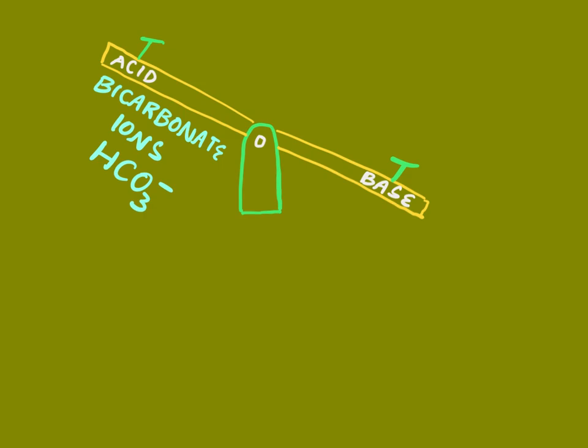The opposite happens when the blood is too basic or alkaline. In this case, carbonic acid, which is already present in the blood, releases the hydrogen ions, thereby making the blood pH shift towards acidic and bringing it back to the normal range.